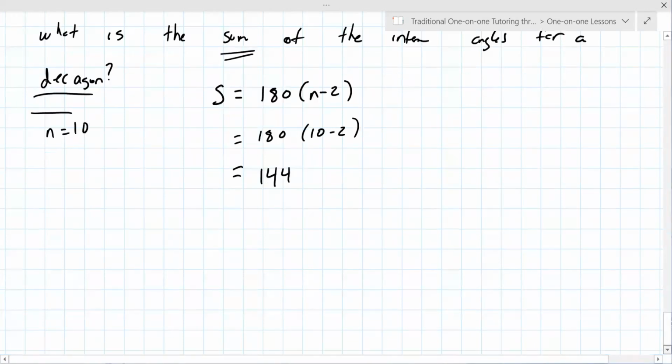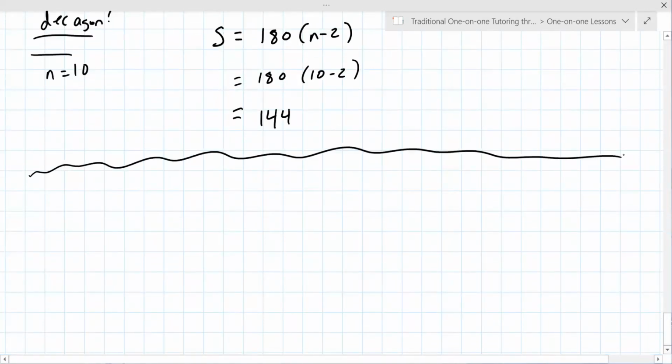Okay, so new question here. What is the sum of a 15-gon?